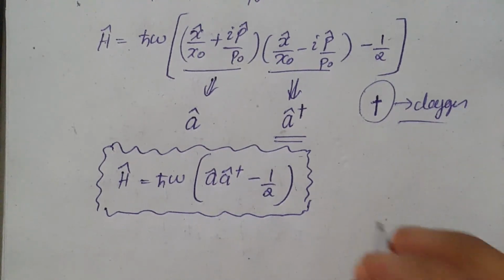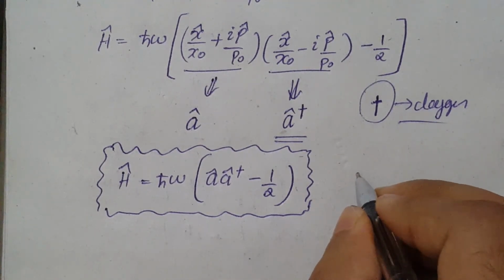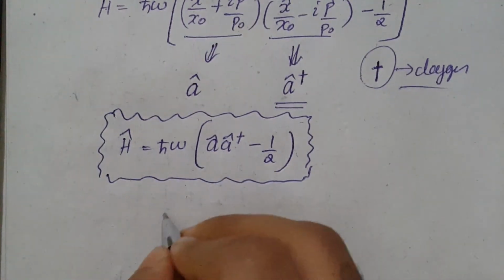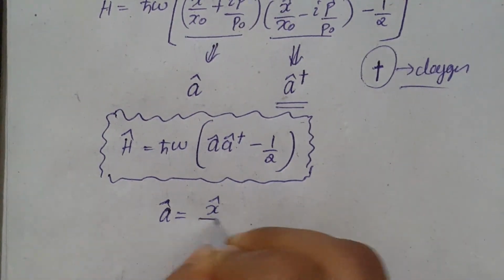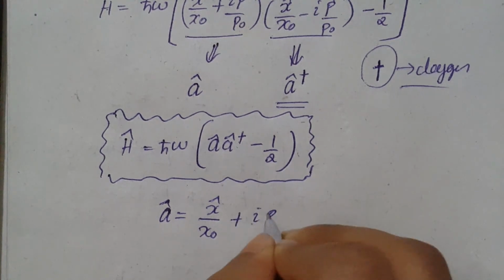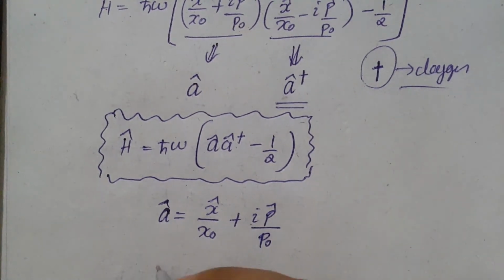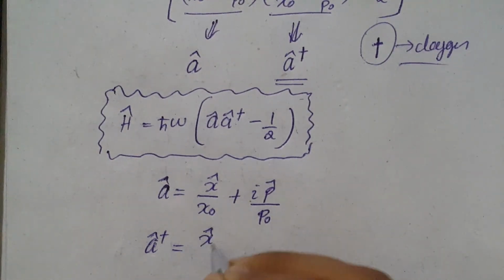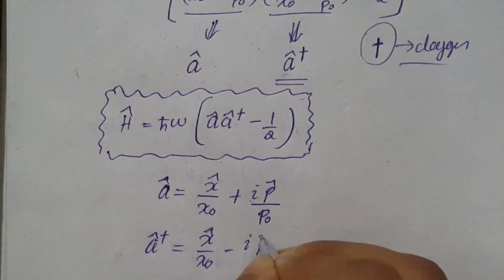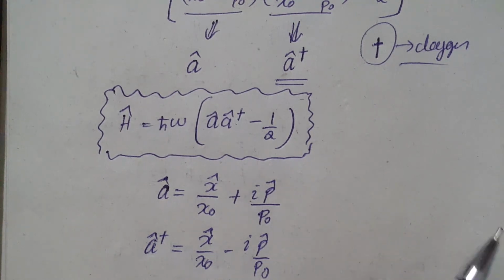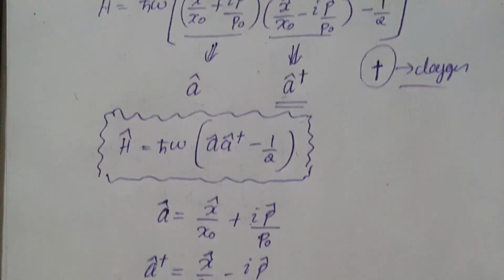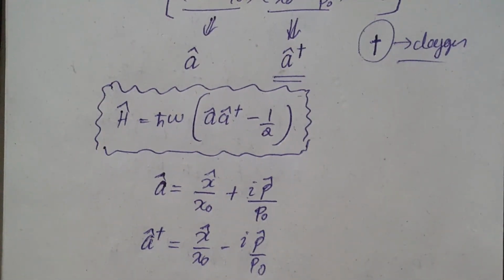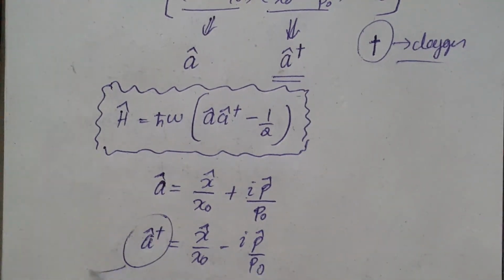And remember we have defined a cap and a cap dagger as what? A cap is x cap by x naught plus i p cap by p naught, and a cap dagger is equal to x cap by x naught minus i p cap by p naught. Okay, so this is our new form for our Hamiltonian. Now I am going to explain more about this.